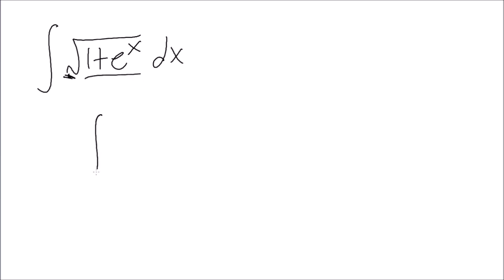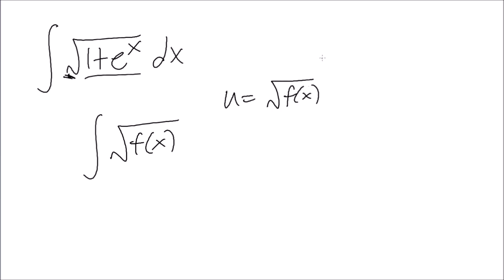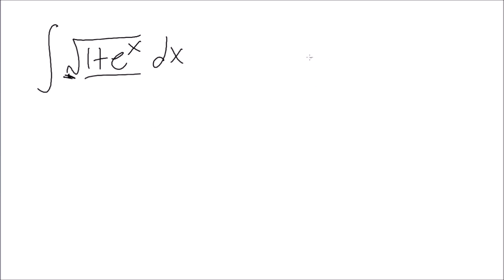So if it's just the square root and then a bunch of complicated function inside, then I let u equal the whole thing. And I'm going to show you why I do this with square roots.